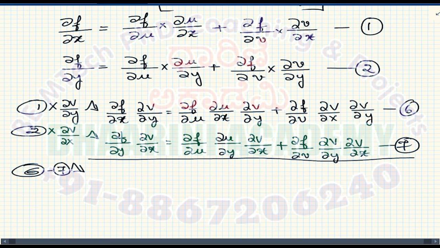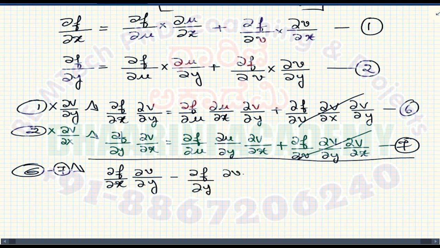Okay, it means I'm cancelling these two terms, so 6 minus 7 gives ∂f/∂x into ∂v/∂y minus ∂f/∂y into ∂v/∂x.